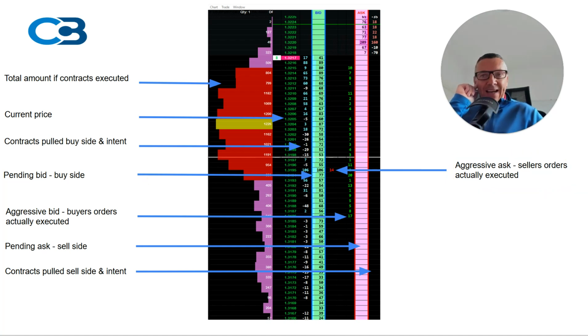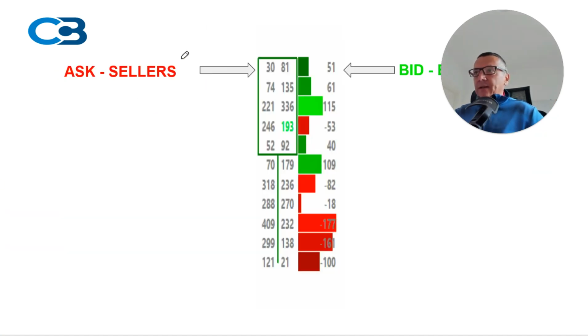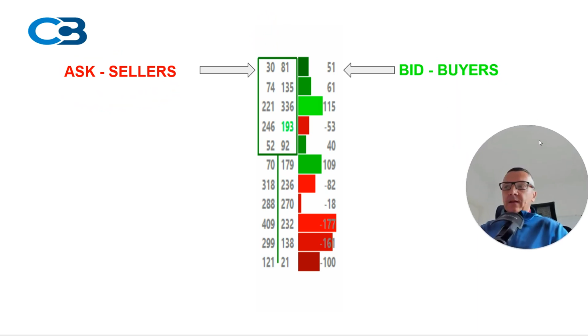I'm going to show you in the footprint exactly how that looks, and to explain, we haven't just got buyers and sellers in the market, you've got buy limits, sell limits, so on and so forth, like I've just shown you in the other diagram.